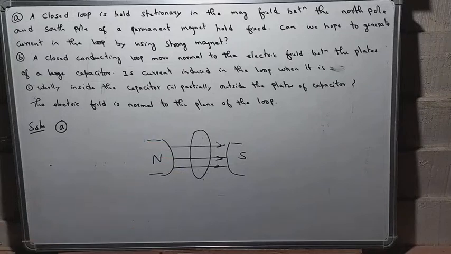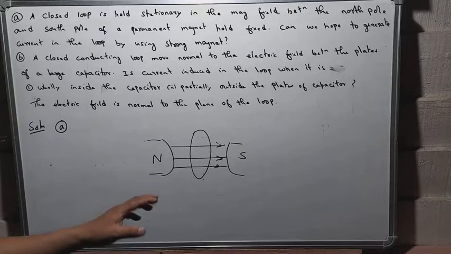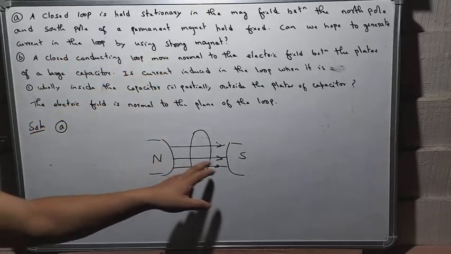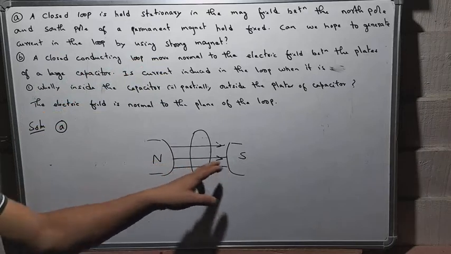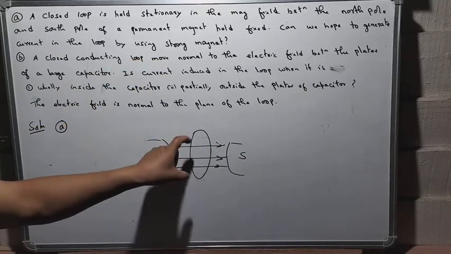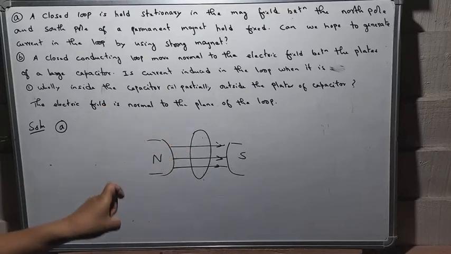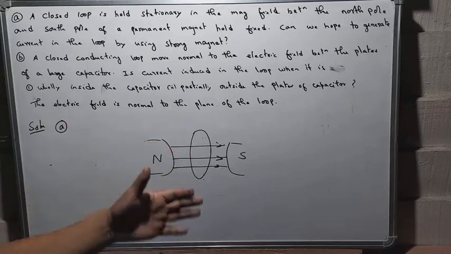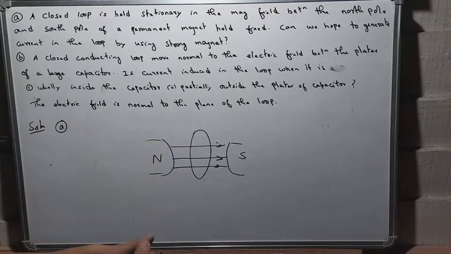So as a result, there will be no change of magnetic flux. Now, even when you replace these two magnets with a very strong one, the same thing will happen because the loop is held stationary, which means the magnetic field lines will always remain constant and there will be no change of magnetic flux.